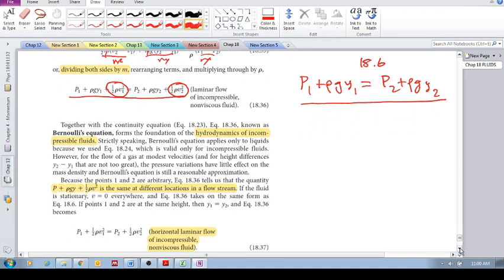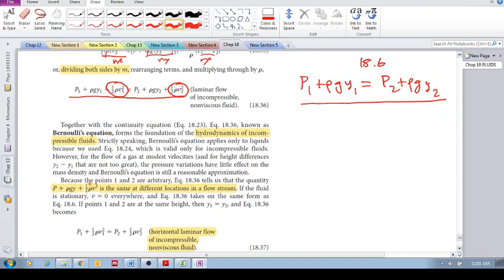Okay, so let's look at just some ideas here. First of all, this P plus rho g y plus half rho v squared is the same at different locations in a flow stream, just as this quantity here was the same at any depth in a stationary fluid.